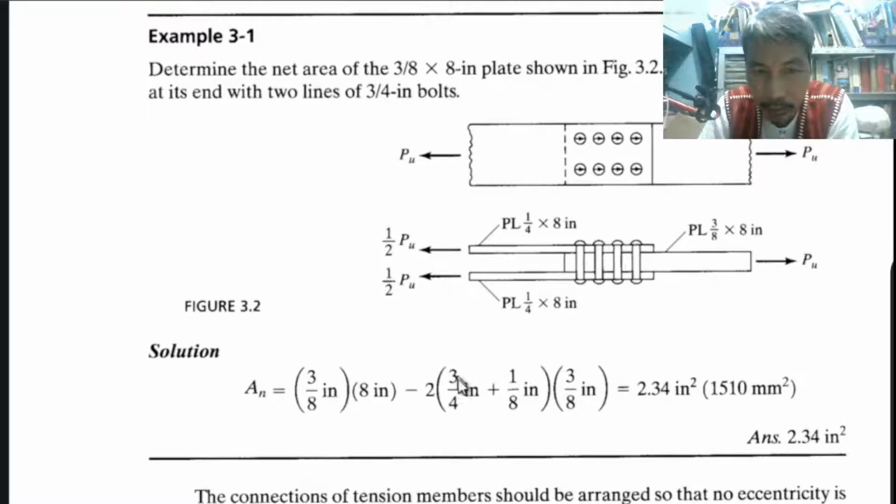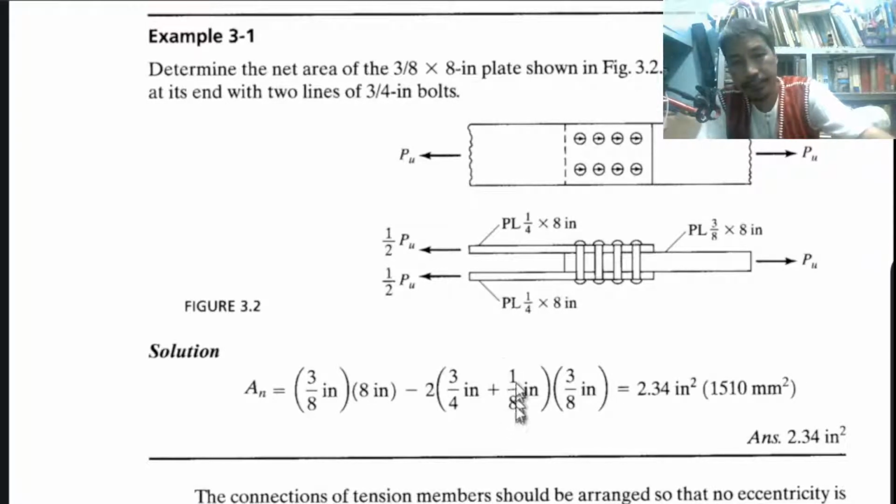This is 3/4 inch plus 1/8 inch. 1/8 inch is 3.2 mm, which is what this author uses. Some authors use 1.6 mm, that is 1/16. It is the same explanation, only different usage.